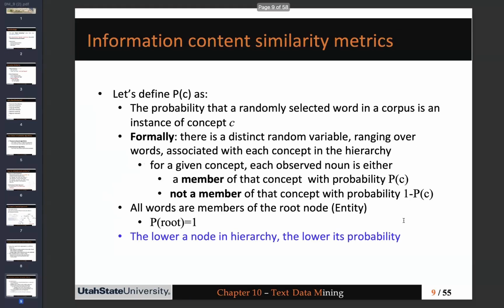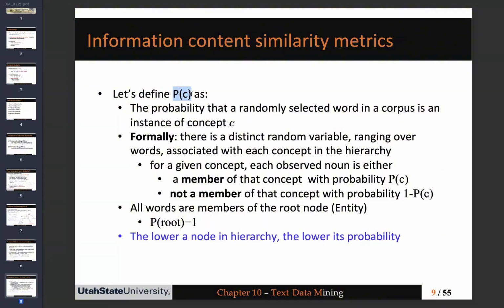So therefore, there has been some improvements on the WordNet usage of path length, and this improvement is known as information content. A smarter idea is using a probability of concept instead, which is P(C) as defined in this slide. So the probability of concept is nothing but the probability that a given word belongs to a concept C that we have in our WordNet.